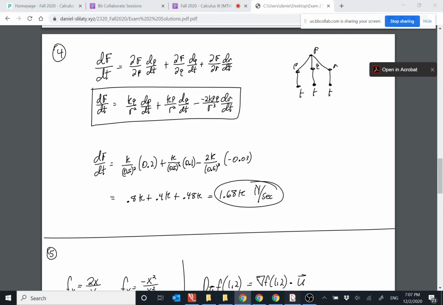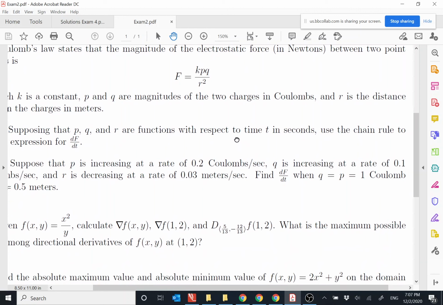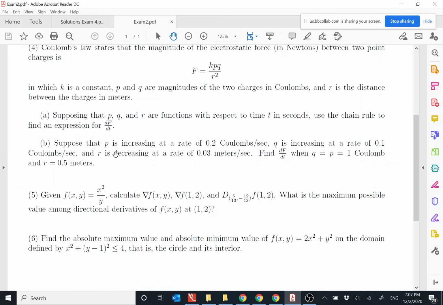So now in part B of the problem, it says the following. So suppose p, q, and r are functions, use the chain rule to find an expression for df/dt. That was part A. Part B, suppose that p is increasing at 0.2 coulombs a second. So dp/dt is 0.2. Q is increasing at a rate of 0.1 coulombs a second, so dq/dt is plus 0.1.